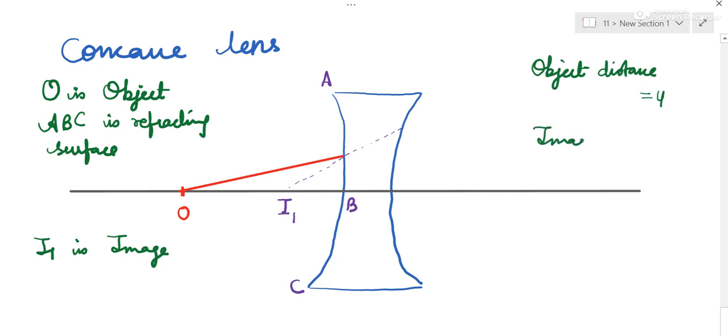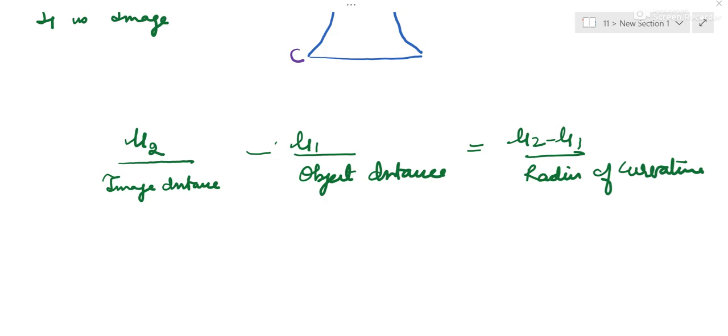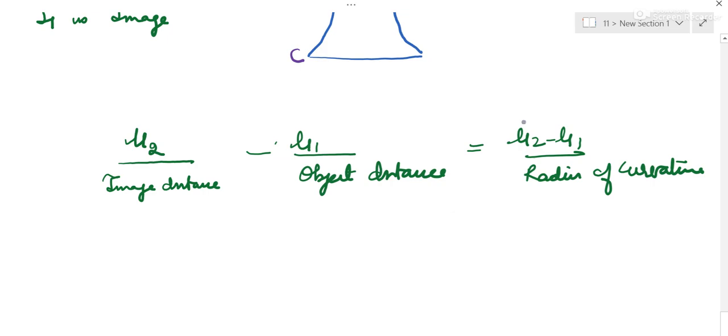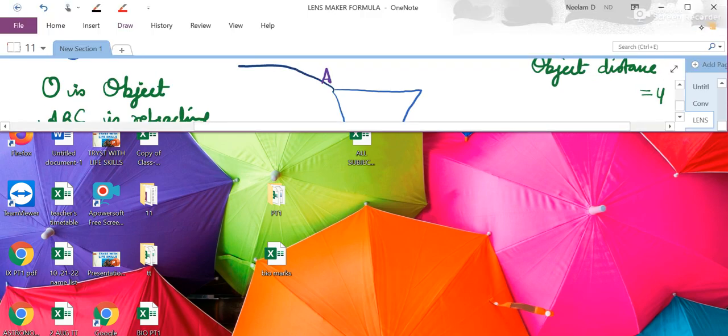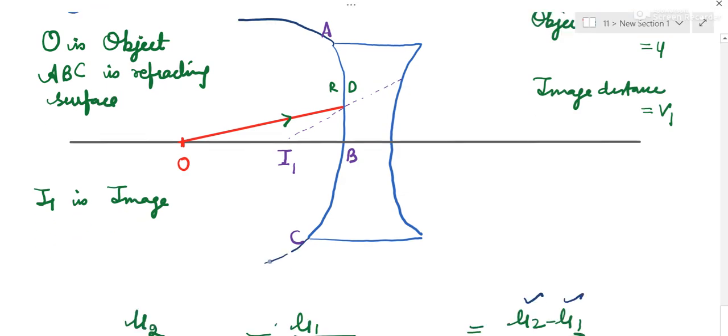Image distance is v1, the first image distance. The case is from rarer to denser, so the same formula applies: mu2 by image distance minus mu1 by object distance is equal to (mu2 minus mu1) by radius of curvature, and the radius of curvature will be of the first surface.